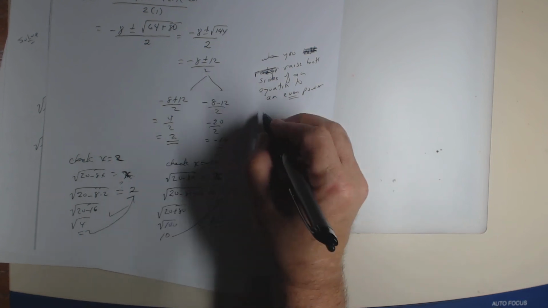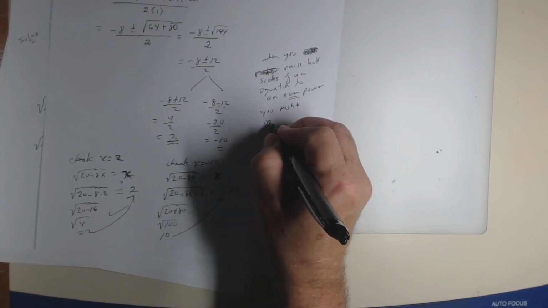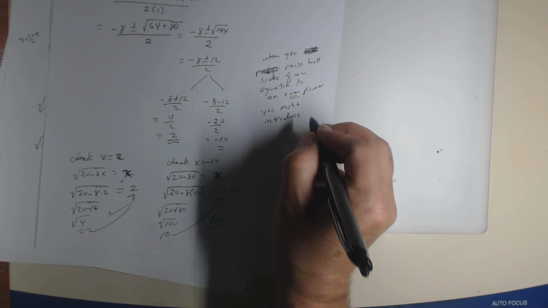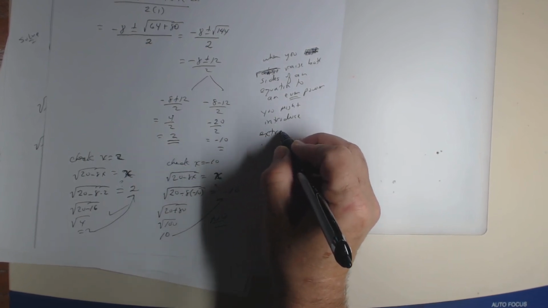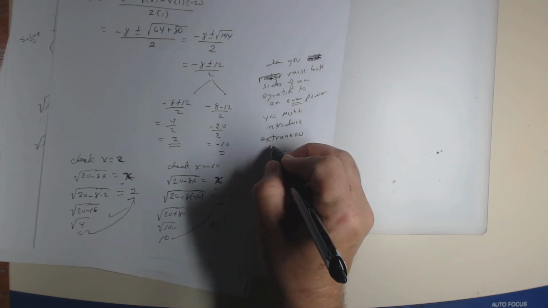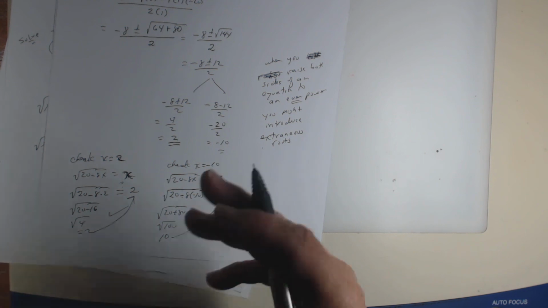The second. You might introduce what's called extraneous roots or solutions. Another word for a root is a solution. So when you raise both sides to an even power, you might introduce extraneous roots. Extraneous meaning false solutions.